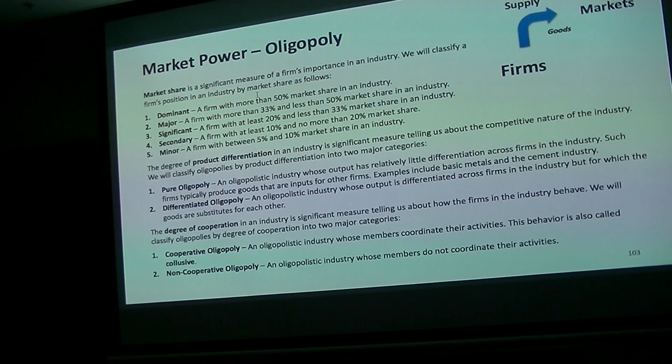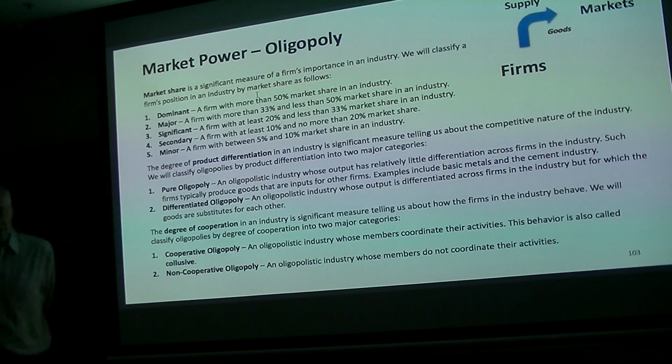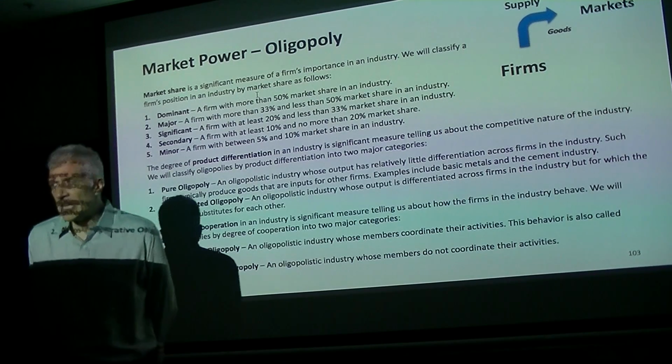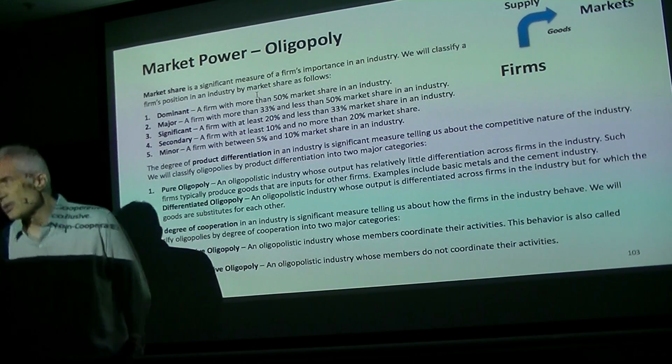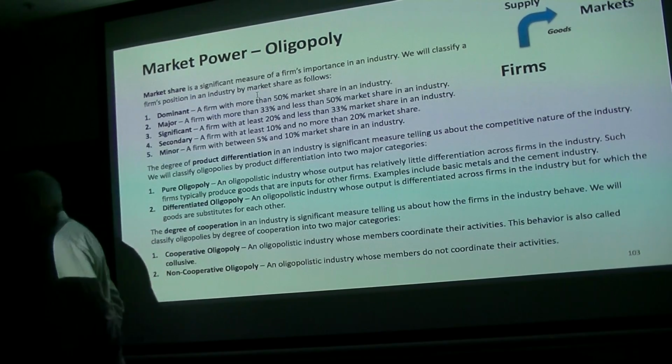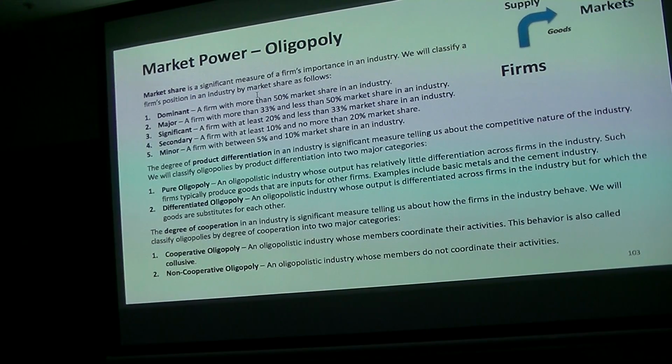So now, in this section, I'm going to move on. We're going to talk about real industries in this country. We're going to look at the way that firms compete in real industries. These are definitions, again, that I've made.